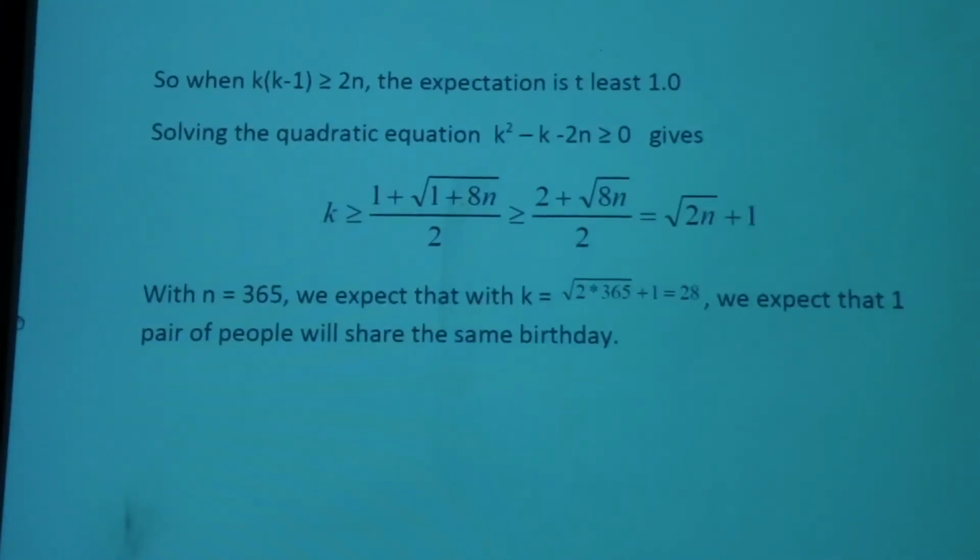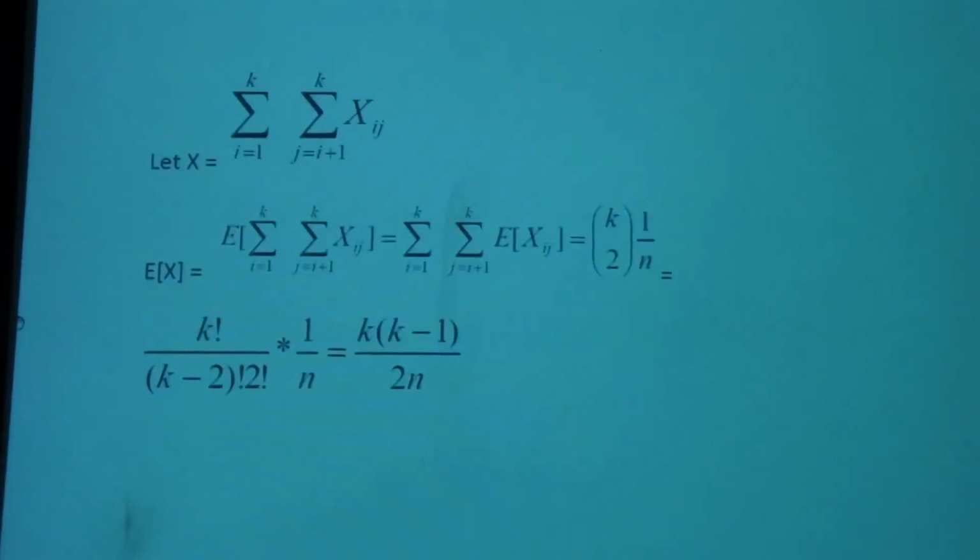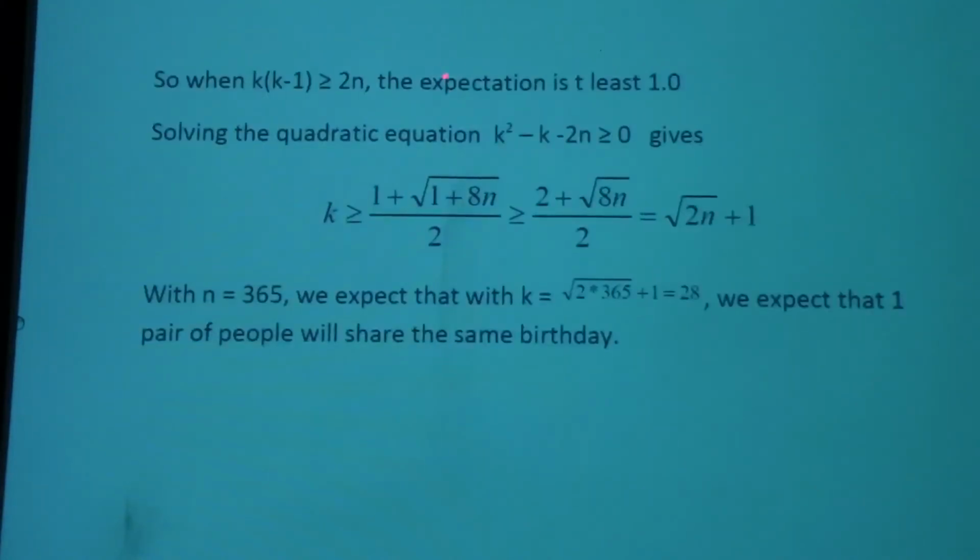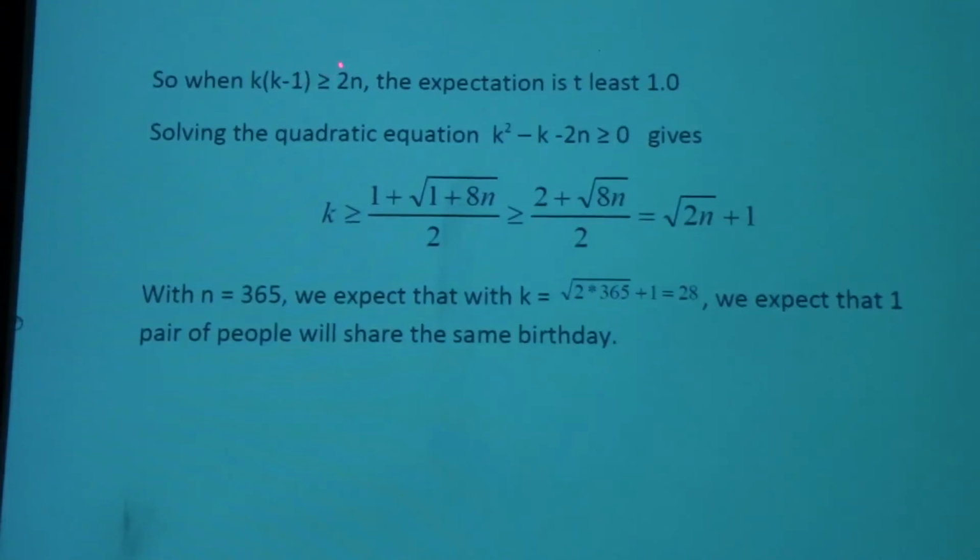So we need to solve when k times k minus 1 is greater than 2n, so the expectation is at least 1.0. Again, we get a quadratic inequality: k squared minus k minus 2n is greater than or equal to 0 gives you the solution for k, which must be greater than this simplified.